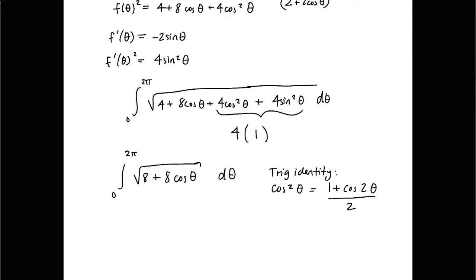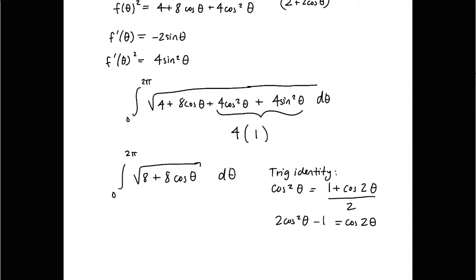So then solving this for cosine of 2 theta, we get that 2 cosine squared theta minus 1 is equal to cosine of 2 theta.